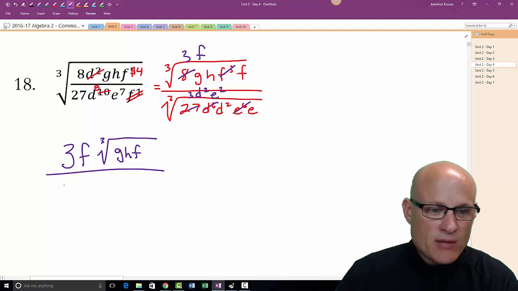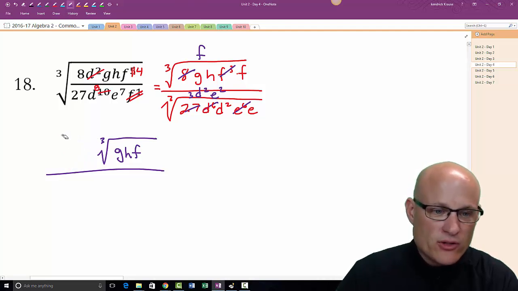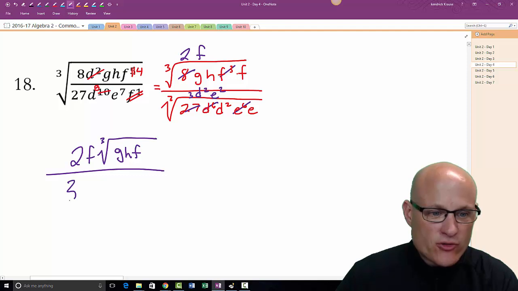So the denominator is, oh, by the way, the cube root of 8 is certainly not 3. I don't know what I was doing there. It's 2. So 2f. I would have solved my error in a minute. So this is 3d squared e squared cube roots of d squared e.